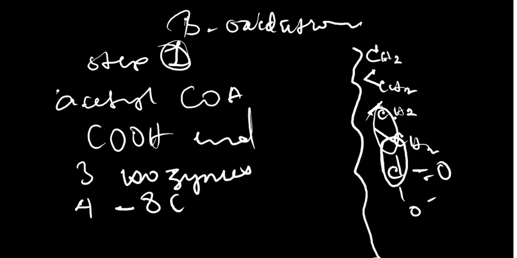The three enzymes will act from about 4 to 8 carbons, then they act on 4 to 14 carbons, then 12 to 18 carbons. So this is to tell you that if you have a 16 carbon fatty acid, right?